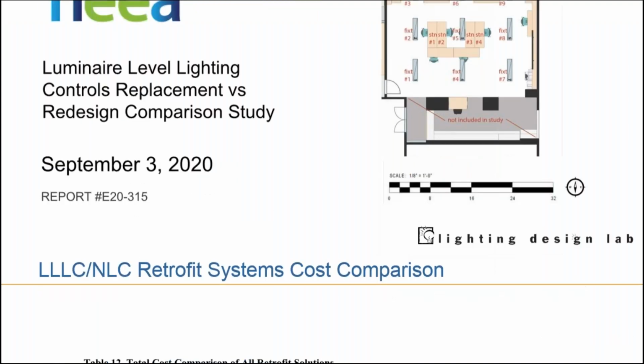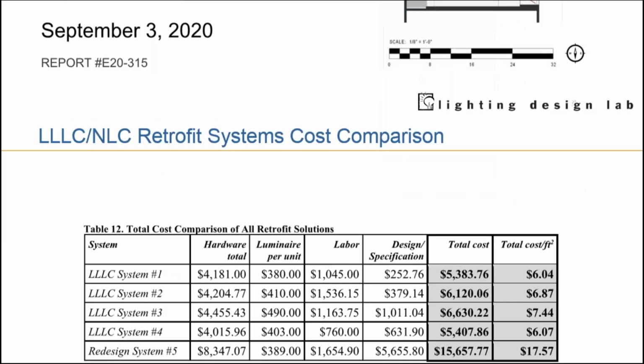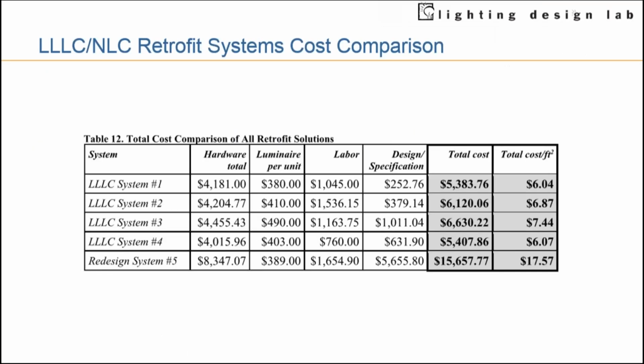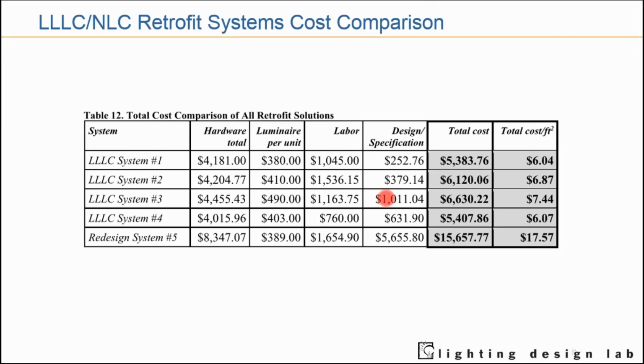And the way they went about this, and what's interesting about this, I'm going to use our spotlight tool here. You're looking at implementation cost. A couple of these LLC systems were sold through distribution, so there was no need to go through a rep and get a large design specification cost. And you can tell which system did have a little bit more of that design and rep involvement.